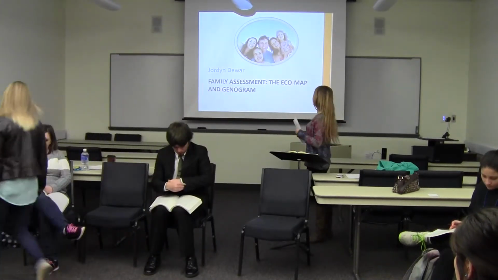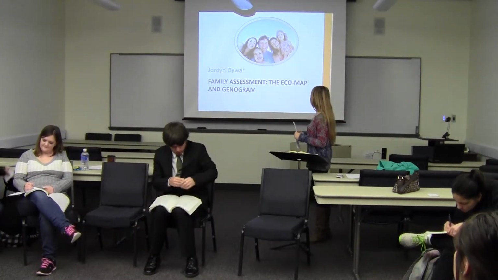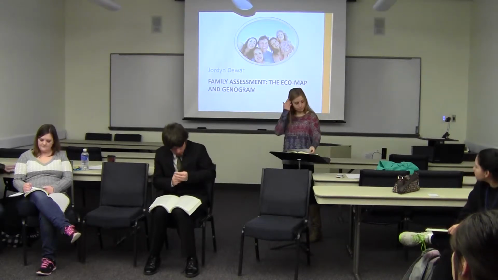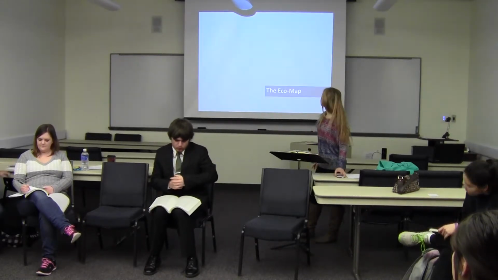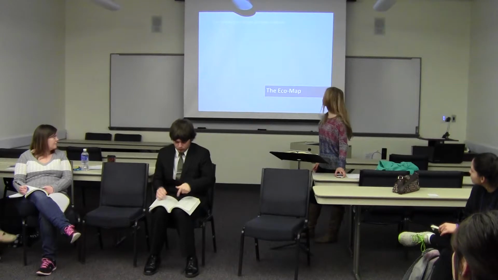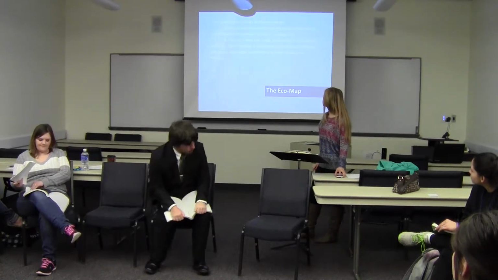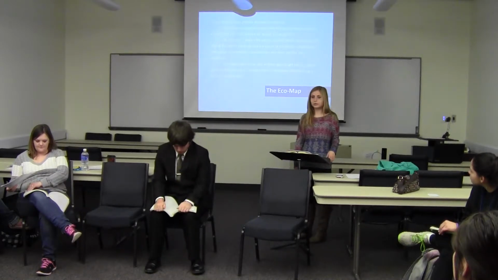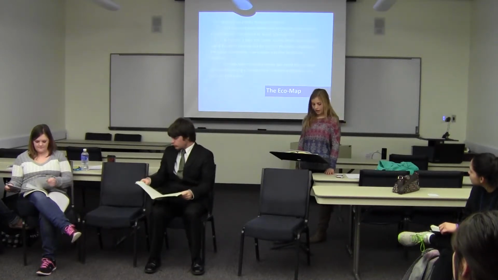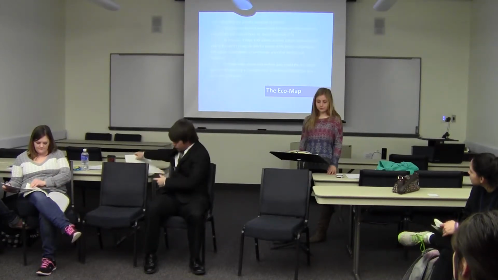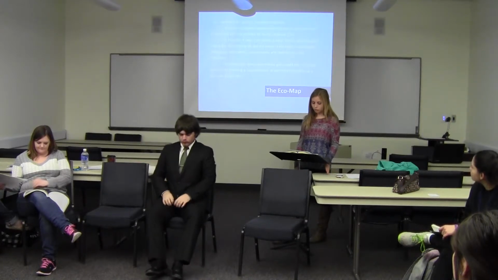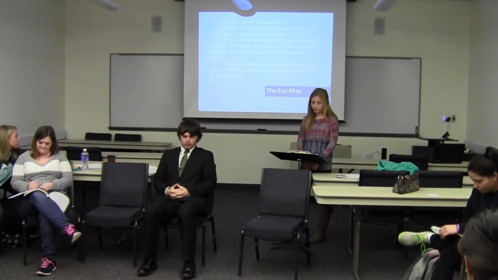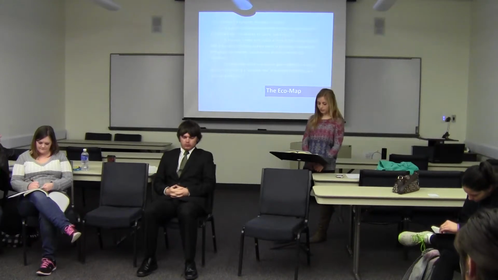Okay, hi guys. So the first things we're going to talk about is the eco map and the genogram. And so first, we'll get the eco map. Okay. So Ann Hartman is the primary developer of this tool. Charles Zastrow in his book defines it as a paper and pencil assessment tool used to assess specific troubles and plan interventions with clients.